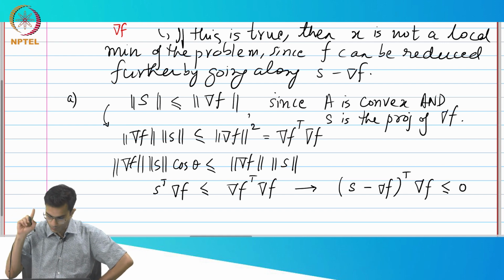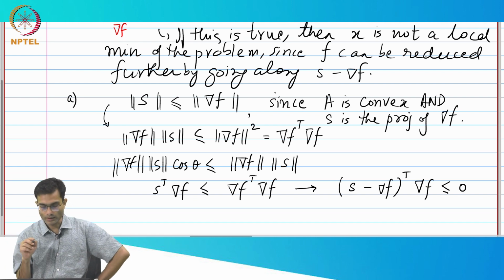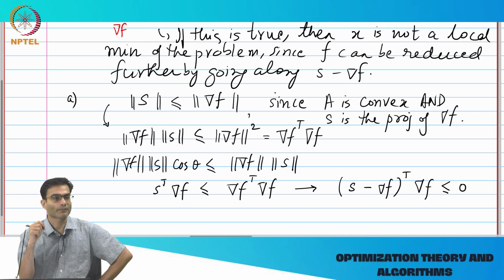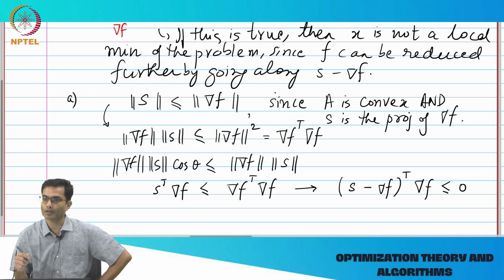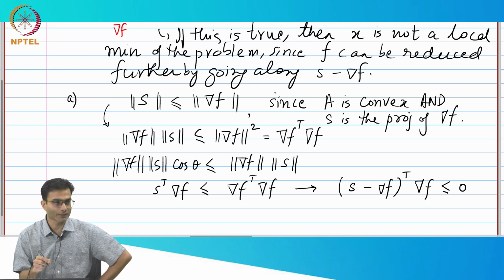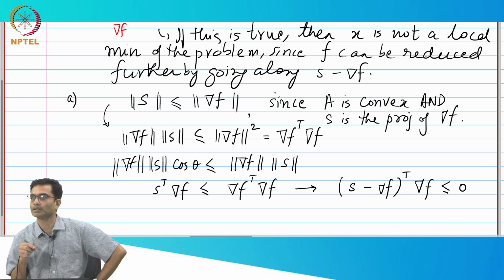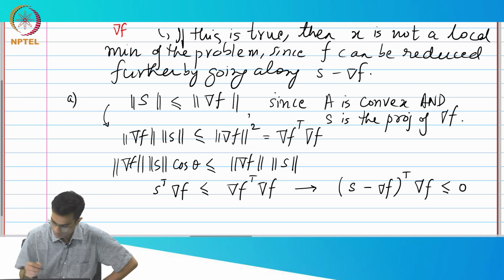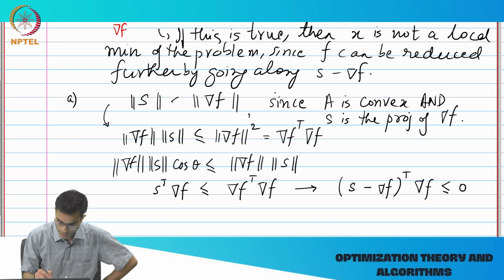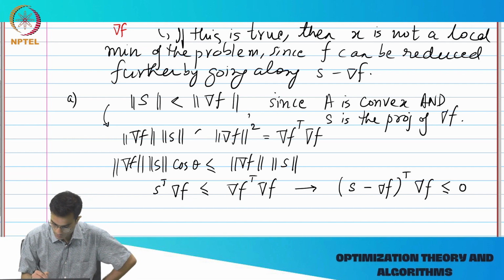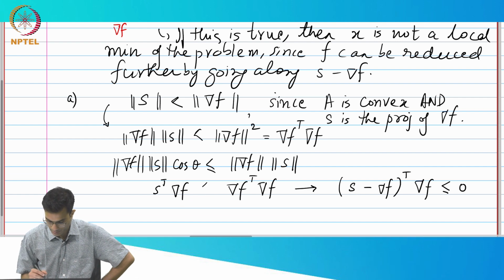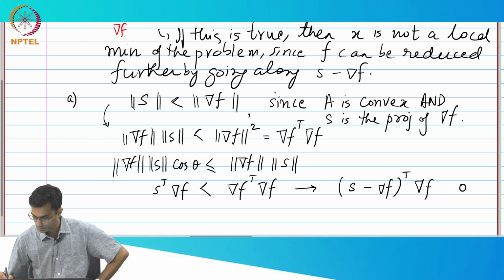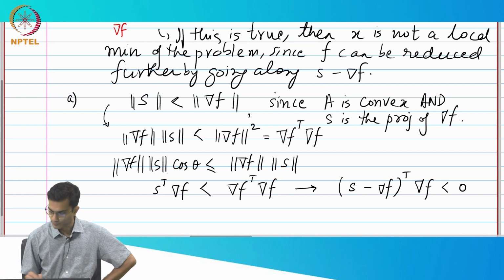Actually, I want to make one tiny correction. My starting point was assuming that grad f is strictly not in the cone. So should this inequality be this way or should it be strict? It should be strict, right? So we'll just make one small correction over here. This is fine and this is what I get.